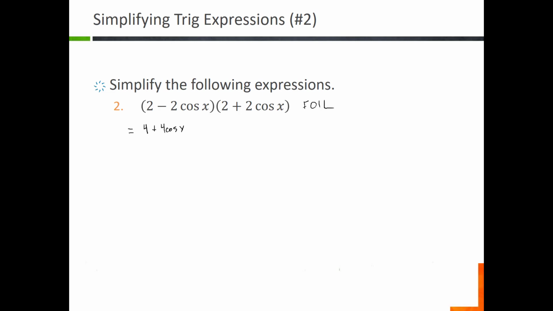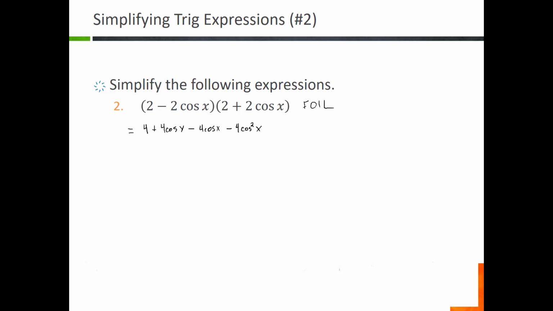We then take a minus 2 cosine x times a 2, which is going to give me a minus 4 cosine x. And then we take a negative 2 cosine x times a plus 2 cosine x, and that will be minus 4. So cosine times cosine is cosine squared. So when you multiply something by itself, it's squared.